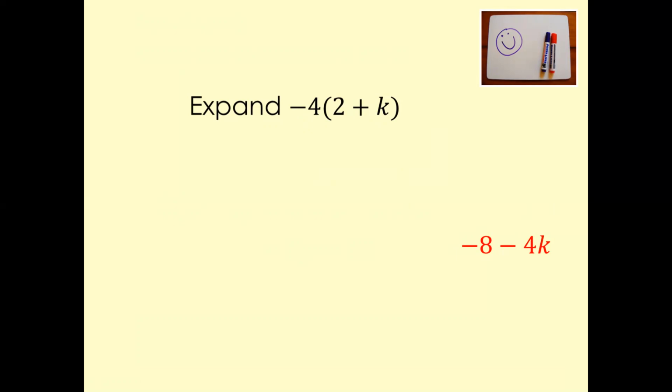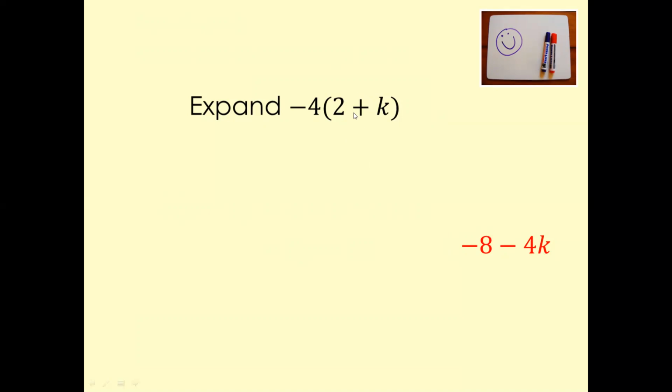That's a bit of a tricky one, so pay attention. So minus 4 times 2 is minus 8, and a minus and a plus is always a minus, and minus 4 times k is going to be minus 4k. The best thing to do whenever you have a negative number or a negative sign or a minus outside the bracket, you always change the sign.